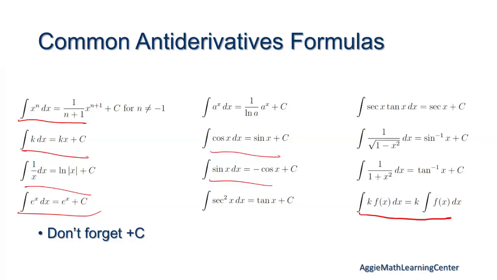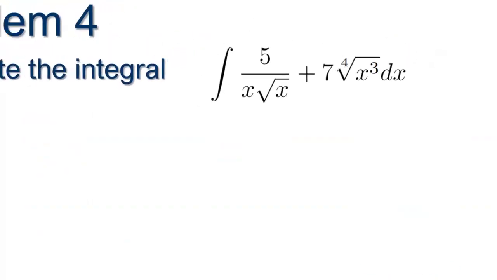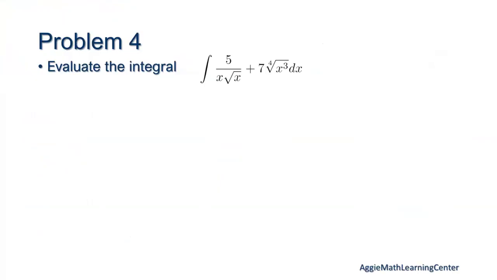Okay. So let's do this problem. When we take an integral of two things added together, we can take two separate integrals and then add them together at the end. That's what I'm going to do because it keeps it simpler and more organized in my head.